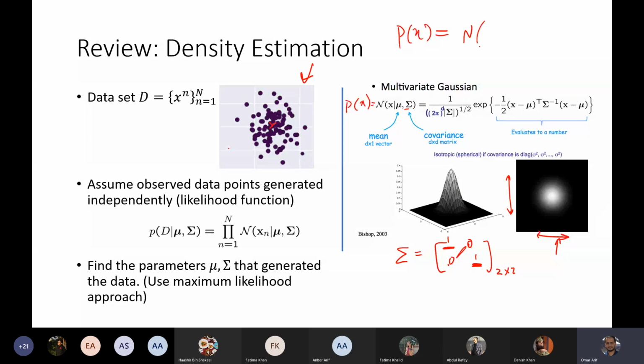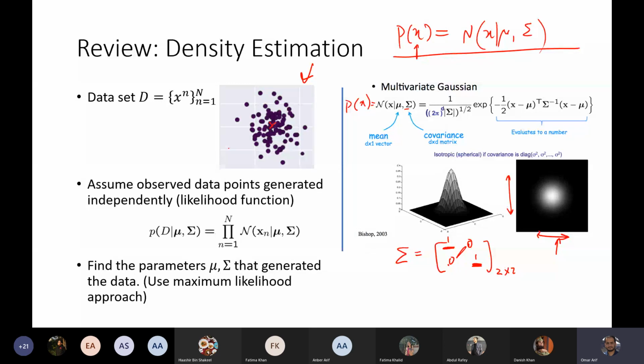In a single cluster case, this is how you find the probability of any data point belonging to that cluster. And in general for a Gaussian distribution, this equation is going to tell you what is the probability of getting this data point x. So that was for a single cluster.